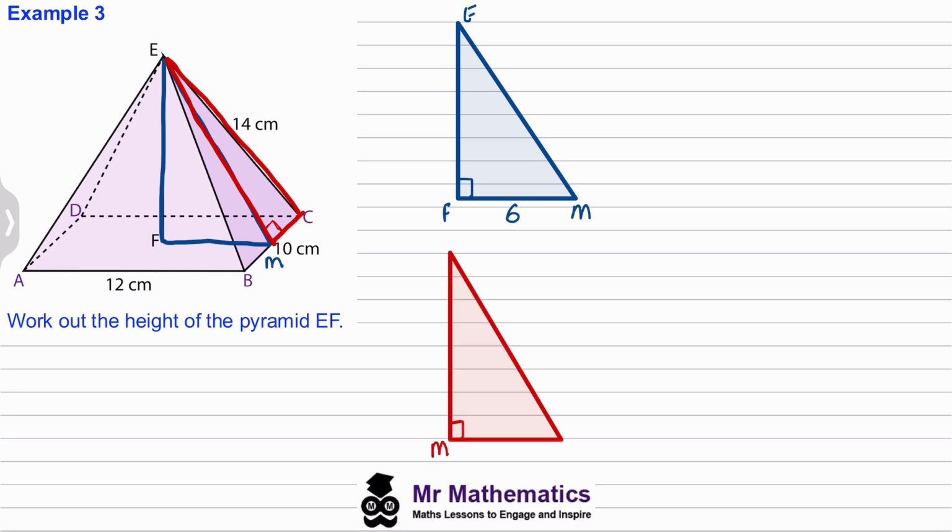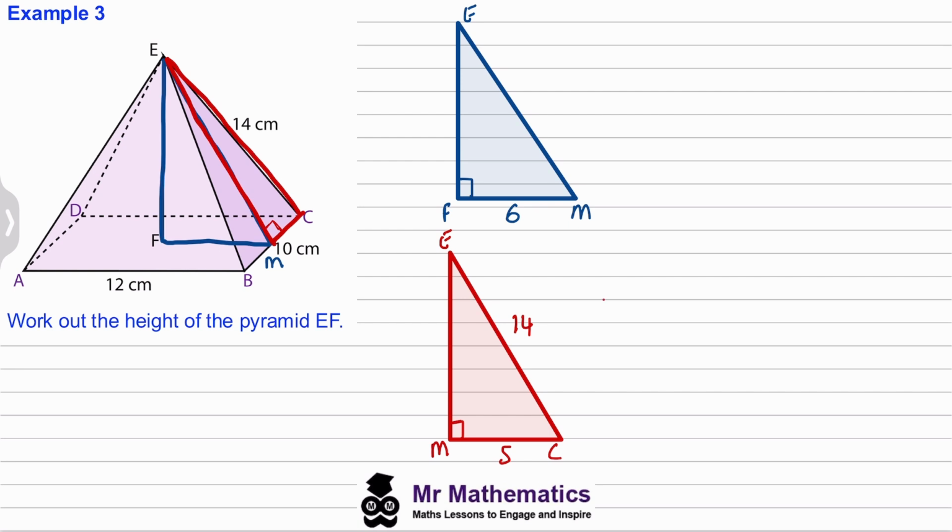So if this is point M, we know C to M will be half of this length, so this will be 5. We know the perpendicular height is from M to E. This is what we're trying to find out. This will give us this length. And the hypotenuse is from E to C, and we're given that as 14 centimeters.